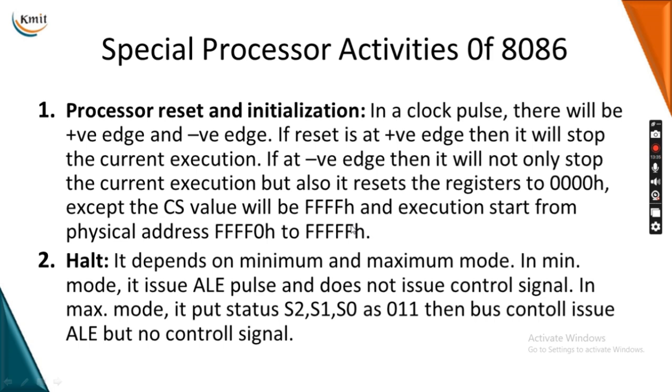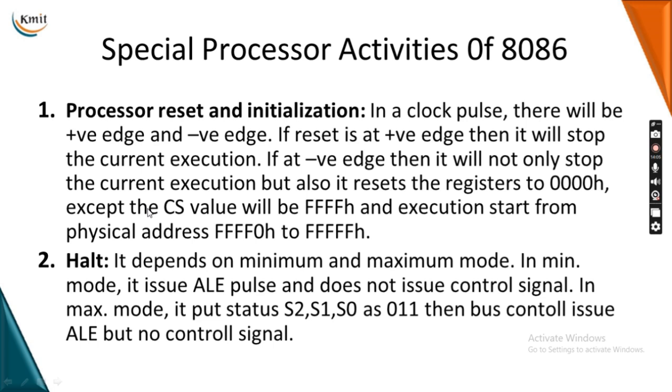To summarize processor reset: if it is reset at the positive edge, it will stop the current execution. If it is at the negative edge, it not only stops the current execution, but also takes the value of the registers to 000H, but the CS value will be 4FH. After initialization, it starts from 4F0H to the last 5FH.